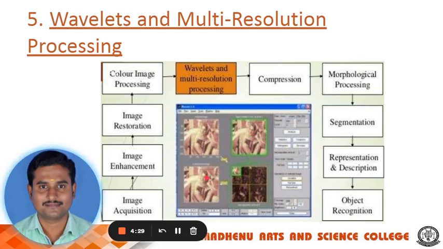Whereas in the third image, your resolution is reduced when compared to your first image, so it is not clear. Here various frequencies were used to improve the resolution of the image. The frequency concept was introduced to improve the resolution of the image.